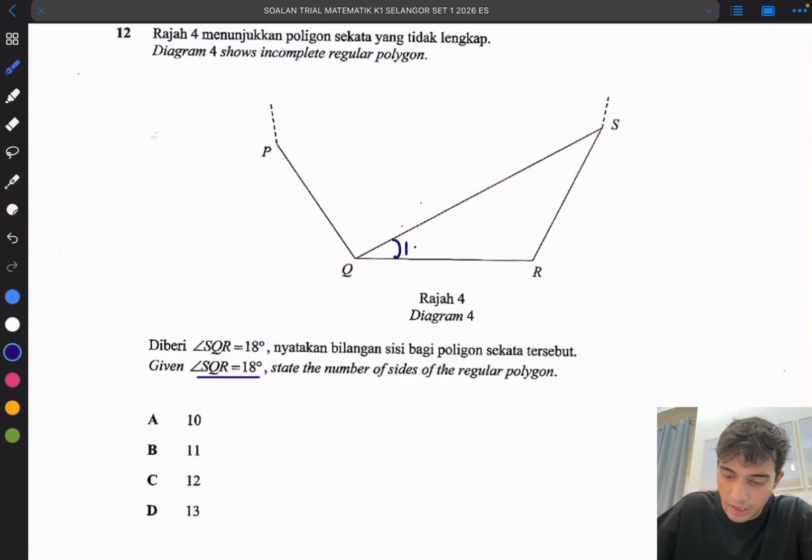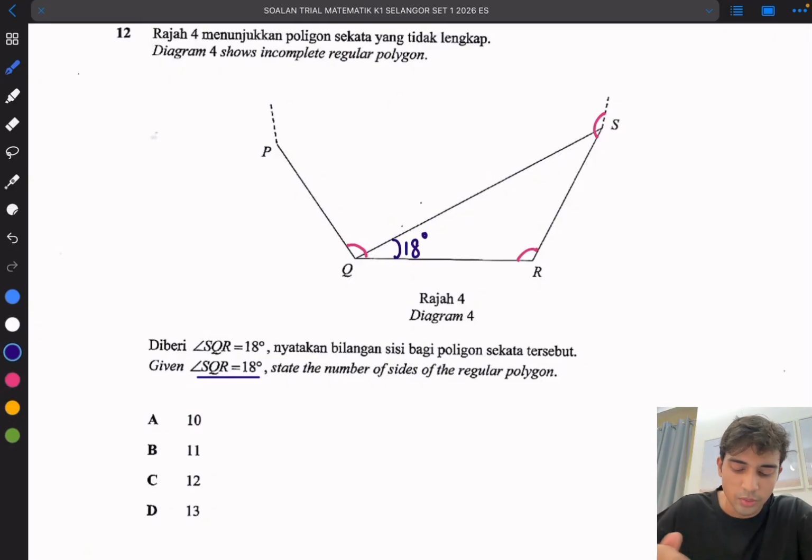This is 18 degrees. Find the number of sides of the regular polygon. Okay. To do this one, we can actually use the interior angle formula. So the interior angles of the polygon will be here, here, here, and so on.